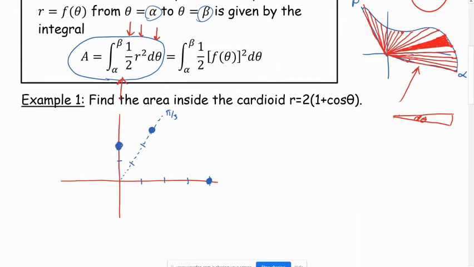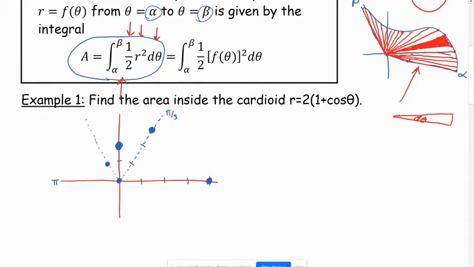And then at pi, cosine is -1, or we could even do another intermediate angle here, so 2 pi over 3, cosine is -1/2, so then we're going to get 1. And then at pi, cosine of pi is -1. So we have 1 plus -1 is 0 times 2, 2 times 0 is 0. So our radius is 0 when we're at an angle of pi.